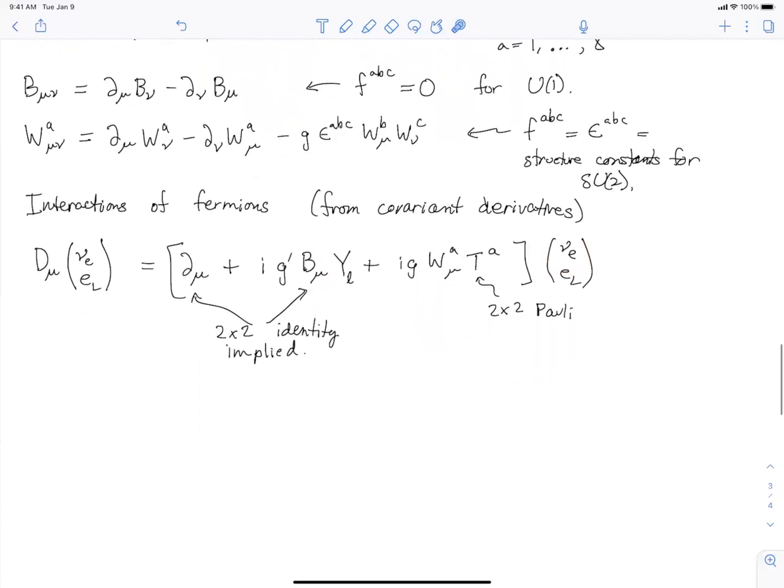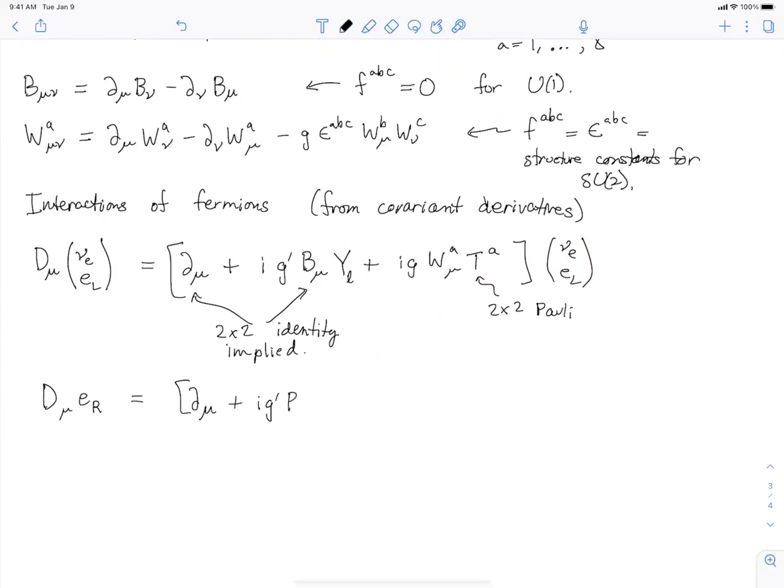Okay, just to see how it works for the right-handed electrons, they're not doublets. And so I can just write a covariant derivative as partial mu plus i g prime B mu Y, maybe I should have called these Y L left and Y L right, acting on e right.